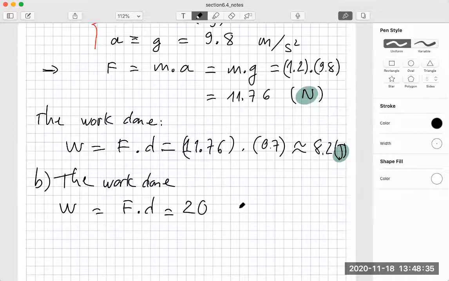F is given as 20, the distance is 6 feet, therefore it will be 120 foot-pounds. So that's it.